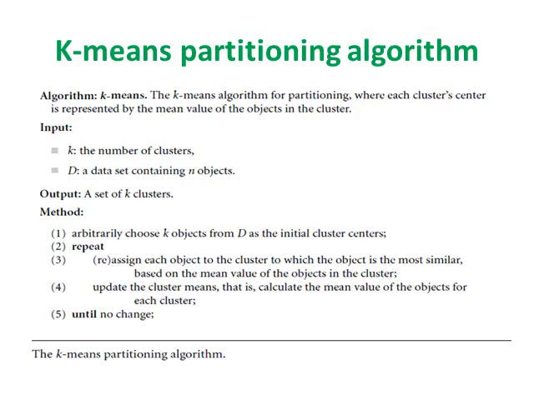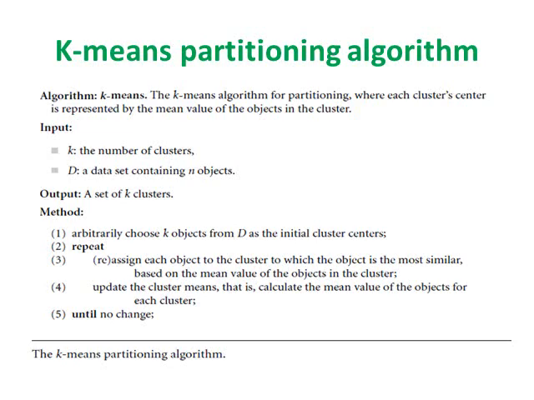Coming to the algorithm, first it randomly selects k of the objects in the dataset, each of which initially represents a cluster mean or center. For the remaining objects, an object is assigned to the cluster to which it is the most similar, based on the Euclidean distance between the object and the cluster mean. The K-means algorithm then iteratively improves the within cluster variation.